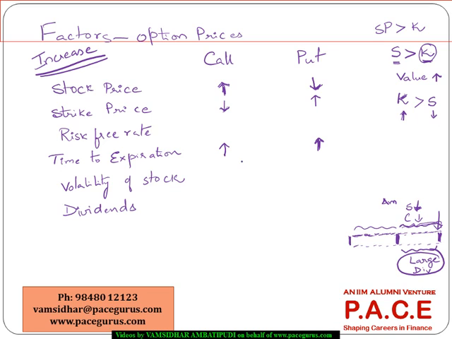So only in case of a large dividend declared between the two periods, I find that with the increase in the time to expiration, the value of the call option will go down and the put is becoming more and more beneficial.